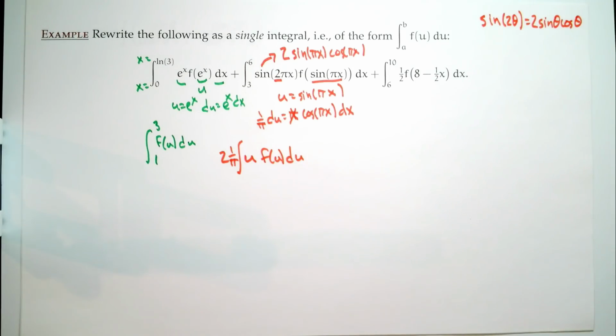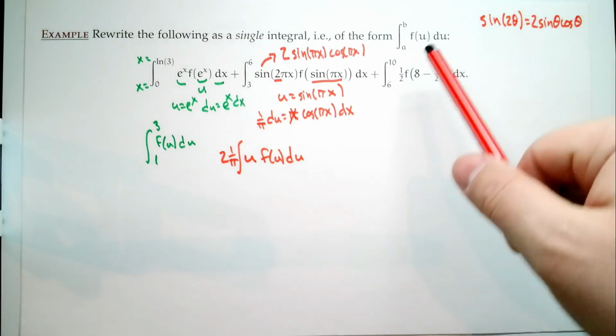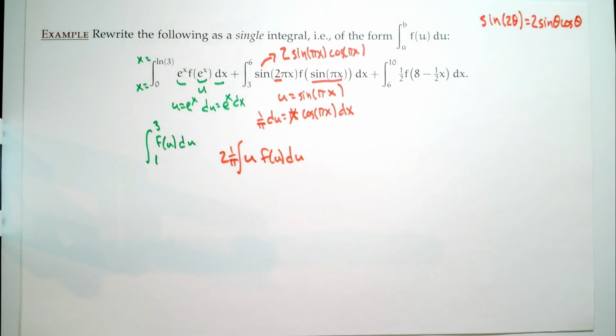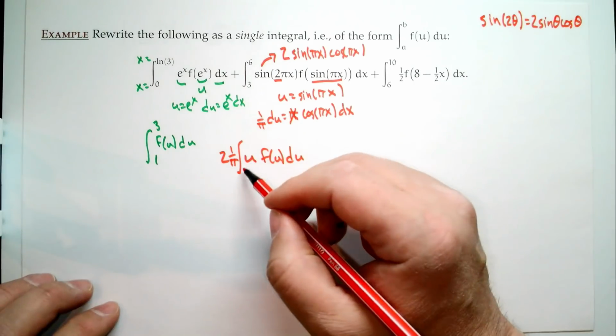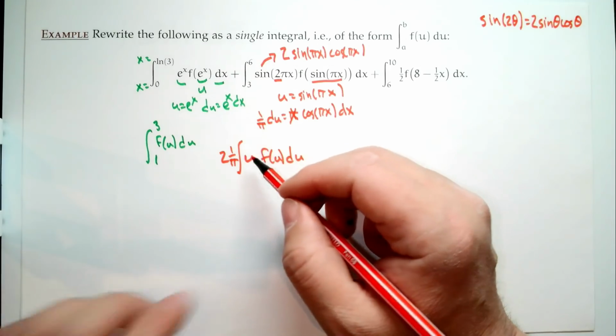Now this makes us a little nervous because we don't want a u, f of u. We want just f of u. Well, there's something else we haven't done though. What haven't we done yet? We haven't done the bounds. So let's do our bounds.